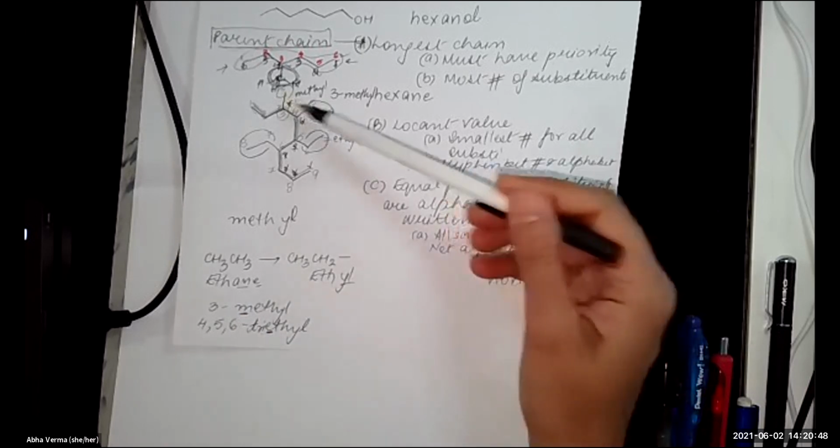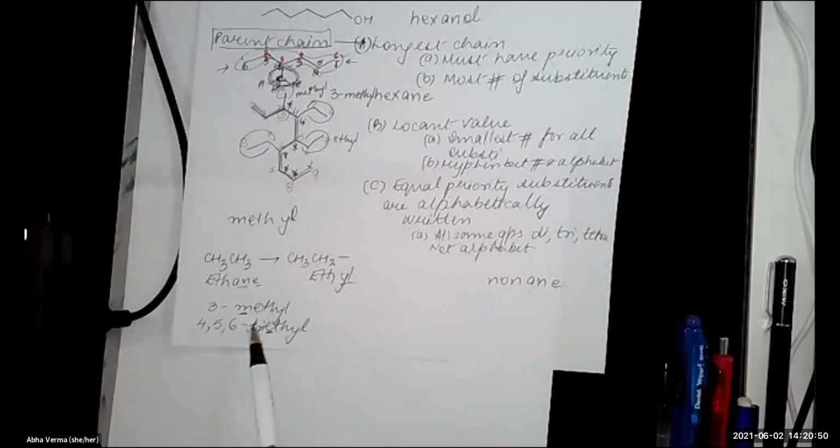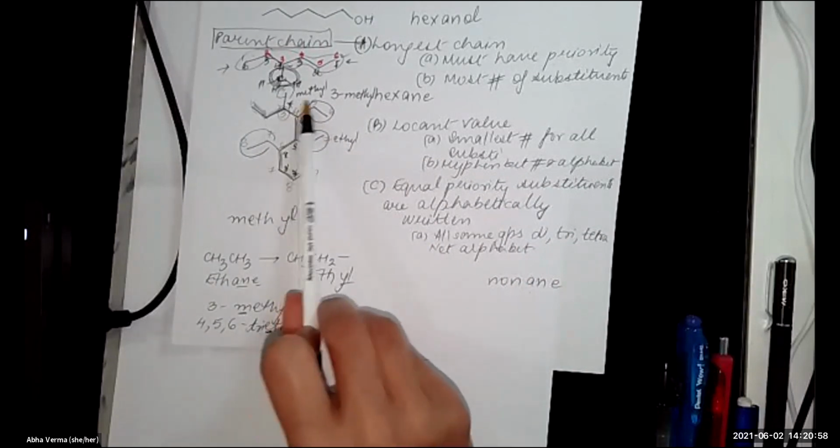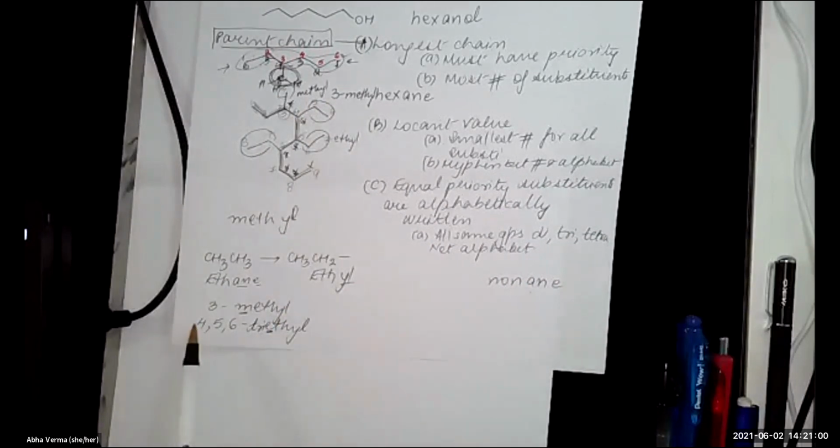So I have all these substituents. I know that there are 3 ethyls. I will write all of their locations. Even if I have 2 ethyls on the same carbon, I will write them twice. So if I have 2 ethyls on the 4th carbon, I will write 4,4,6.